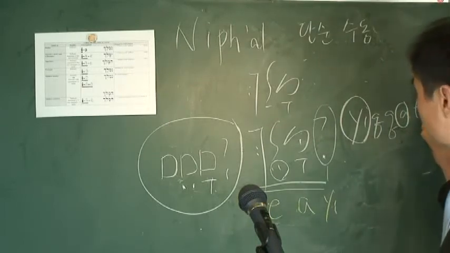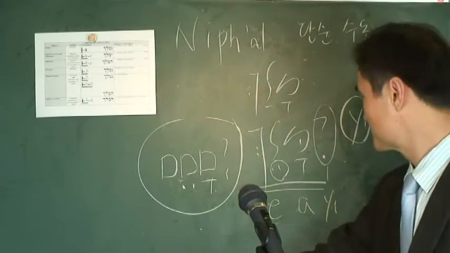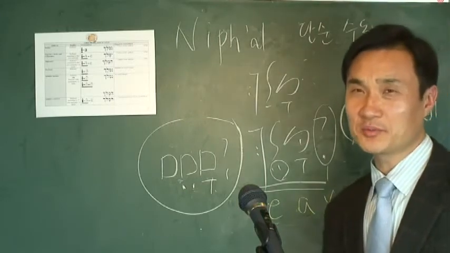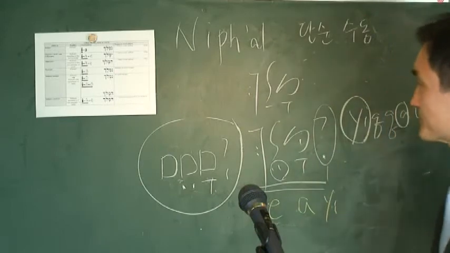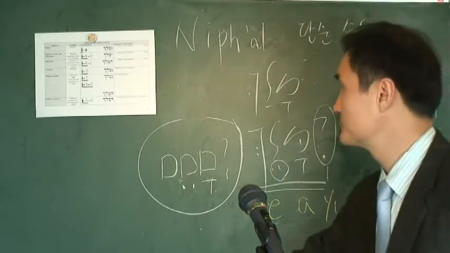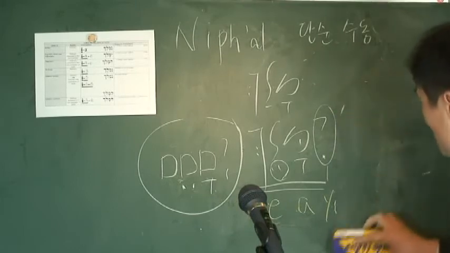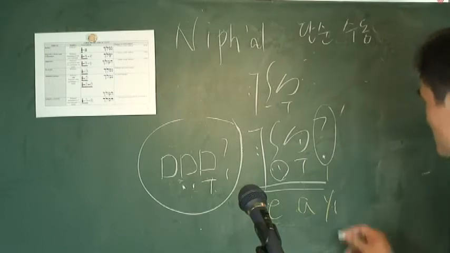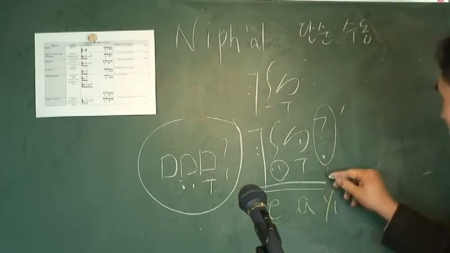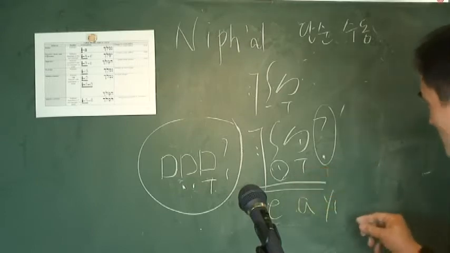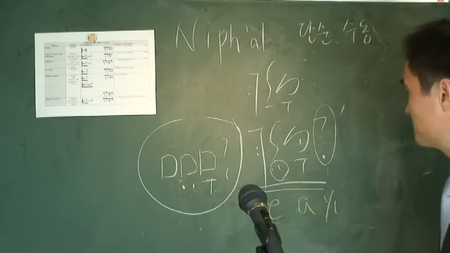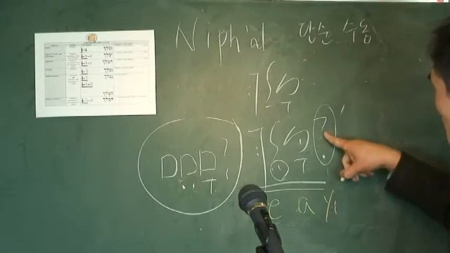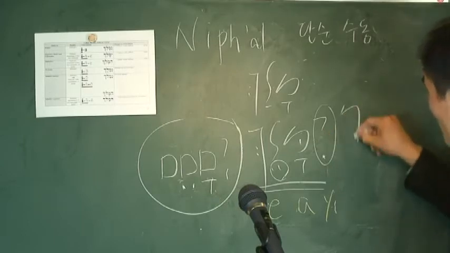Now, let's look at the imperative of the Niphal verb. The imperative of the Niphal verb stems from the imperfect form, just like the Qal verb. Let's look at the imperfect third-person masculine singular form as an example. The third-person masculine singular of the verb malak is yimalek.